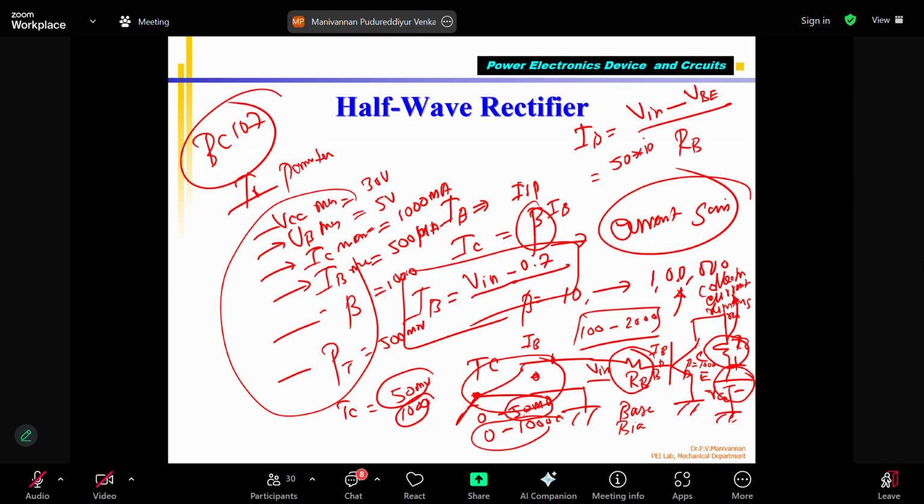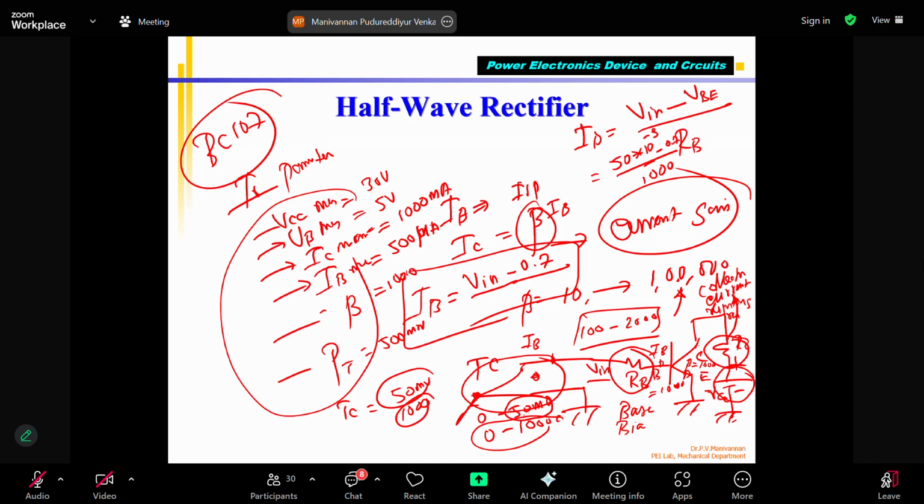Millivolts means 10 power minus 3 volts. What is the VBE? If the transistor has to conduct, it should be greater than 0.7. Now, Vin minus 0.7 divided by my RB, for example, I decided to put 1000 ohms. Will any current flow? It should not, because it has to be greater than VBE.